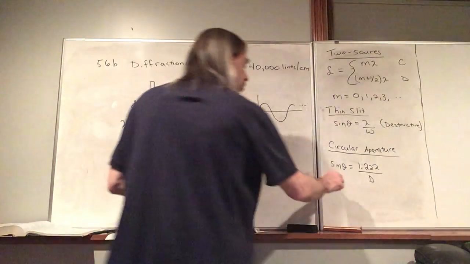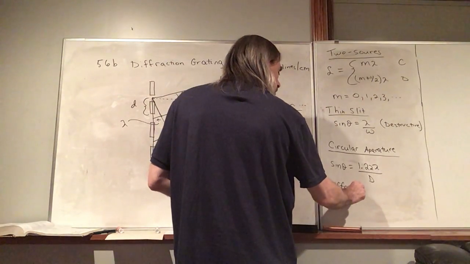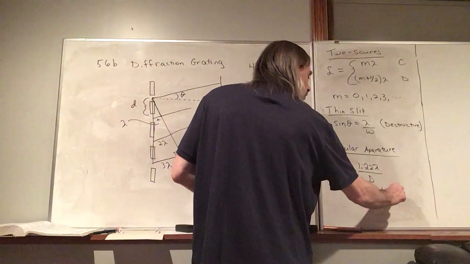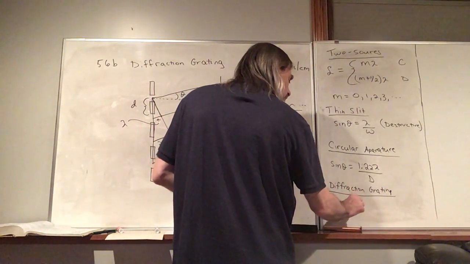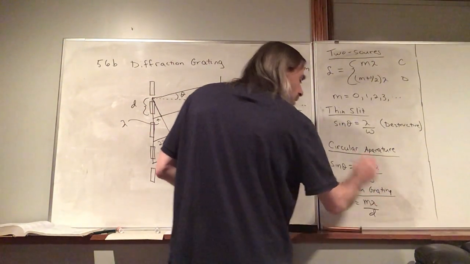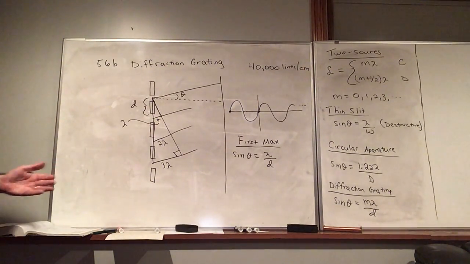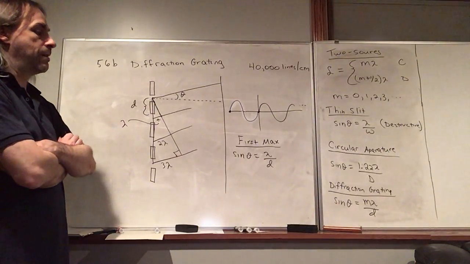In general, for a diffraction grating, what we have is sine of theta is m lambda over d, where m is an integer, just like we used it that way before. And so, that's the basics of this diffraction pattern.